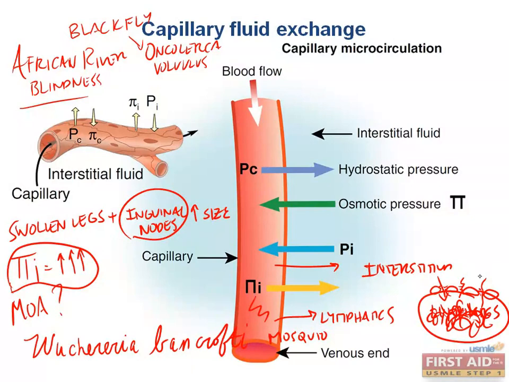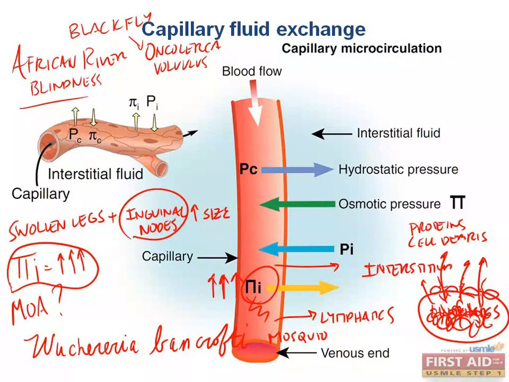That means that a bunch of proteins and cellular debris and possibly even some organisms can leak into the interstitium. So they leak out of the lymphatics because we destroy the integrity of our lymphatic vessels. And now you have a bunch of extra proteins and cell debris in your interstitial compartment. Now, what does this do to the interstitial oncotic pressure? It will drive it super high.